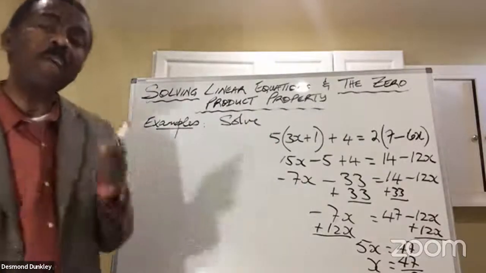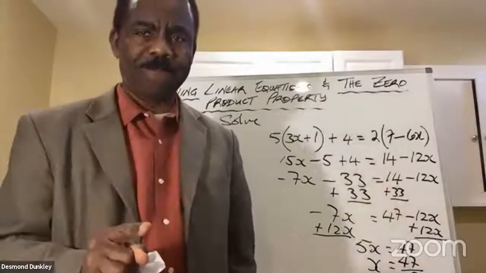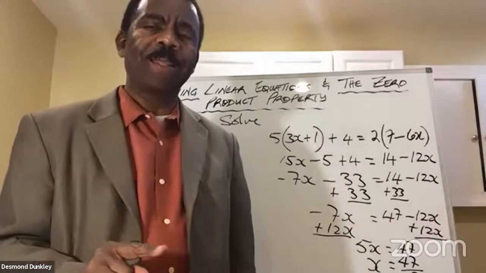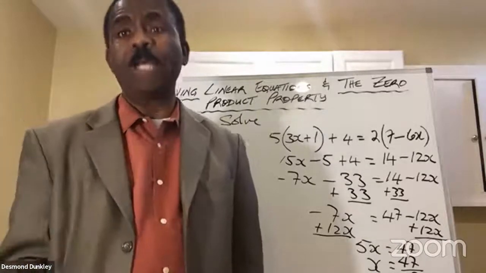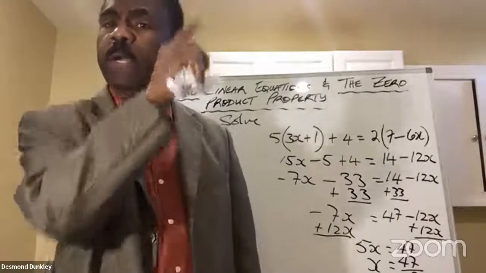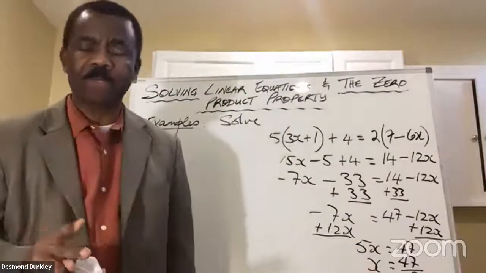By the way, linear equations give you only one answer. If it's a linear equation, you get one answer only. Later on, when we do quadratic equations, that is degree 2, so you have something squared, something to the power of 2, you must get 2 answers.